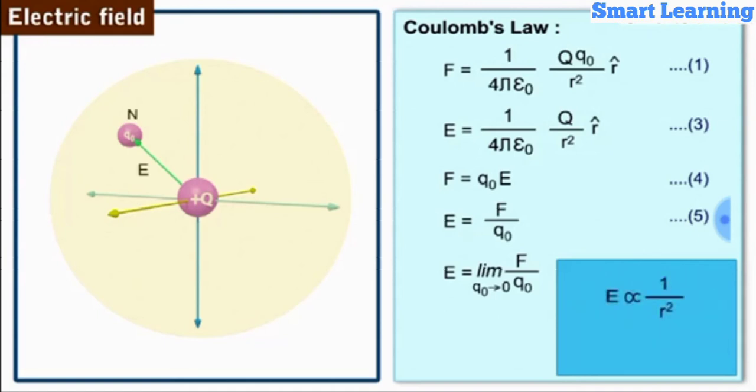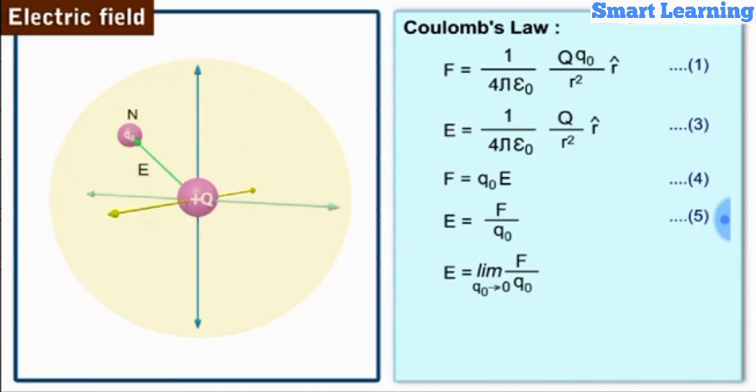Hence, the electric field strength E at distance r from the source charge q is independent of the test charge q0 and varies with r cap and is inversely proportional to r square. It is important to note that the electric field at any point in the electric field is finite and is 0 only when distance r is equal to infinity.